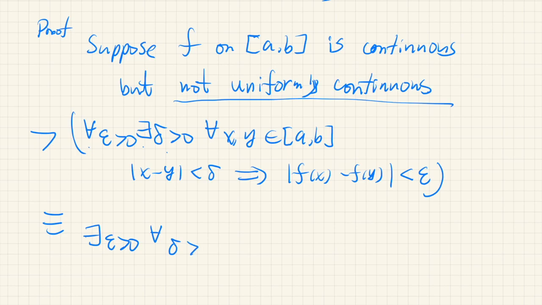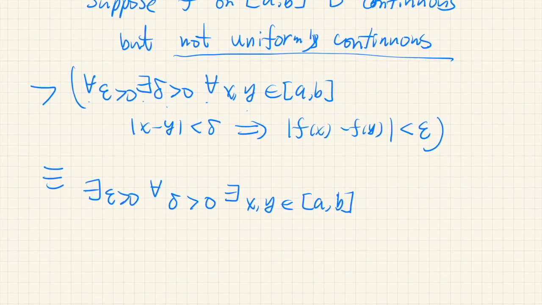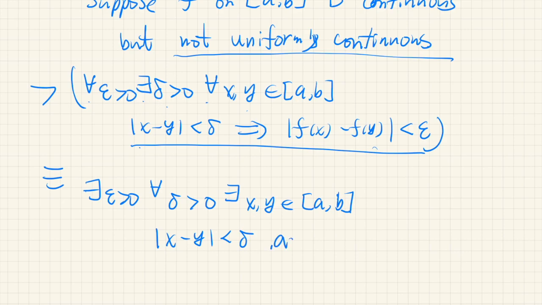So for all delta that is positive, there exists some x and y in the interval such that the distance between x and y is less than delta, and the difference between f of x and f of y is greater than or equal to epsilon.